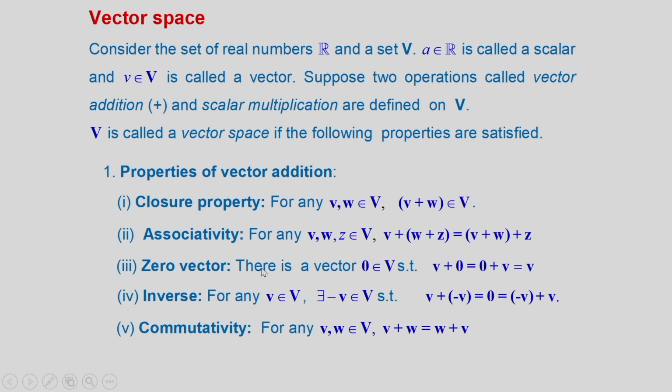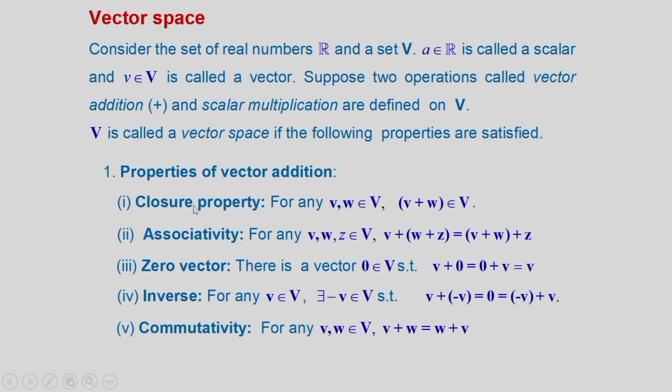Similarly, there is the vector 0, a member of the vector space, such that V plus 0 is equal to 0 plus V is equal to V. So, if we add 0 to any vector, it will remain the same vector.